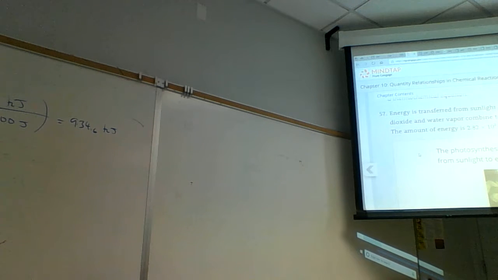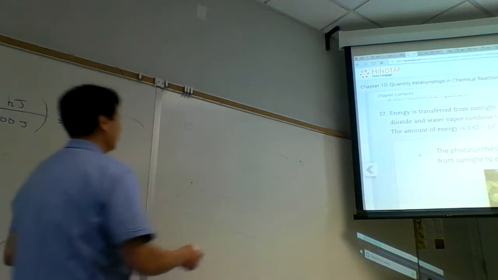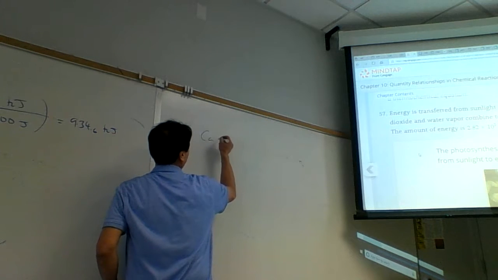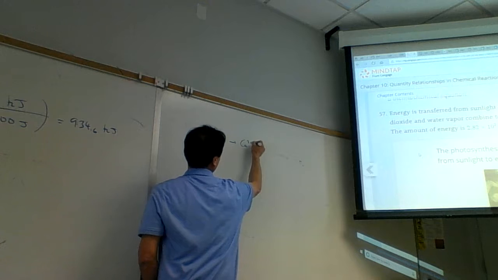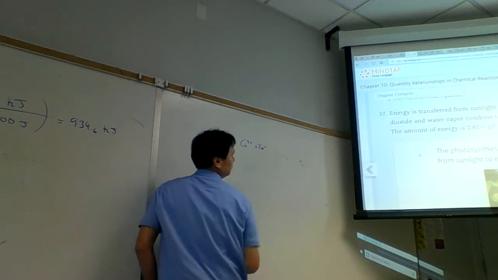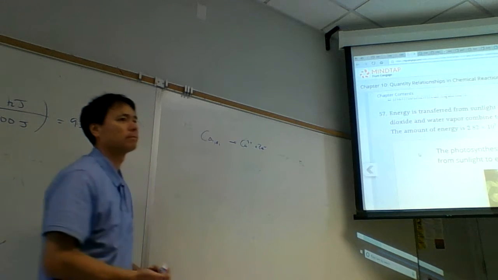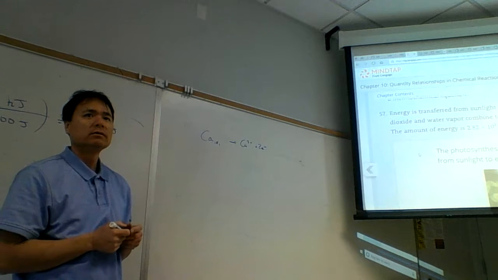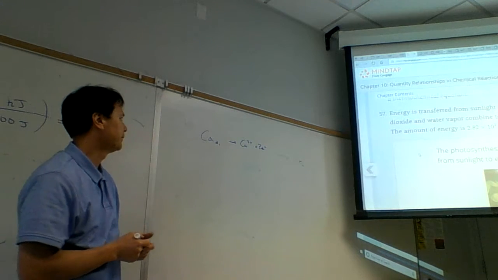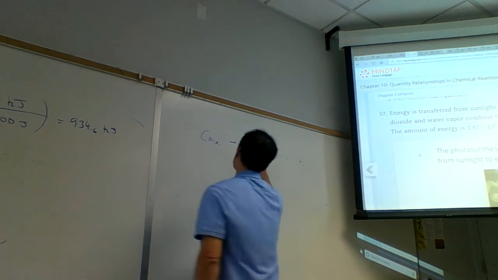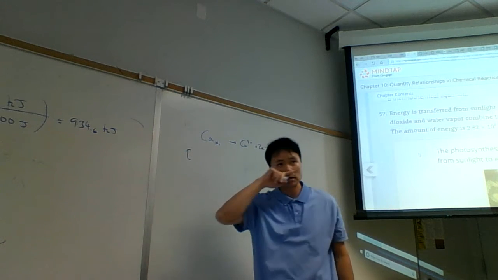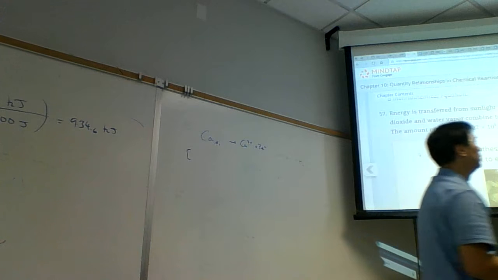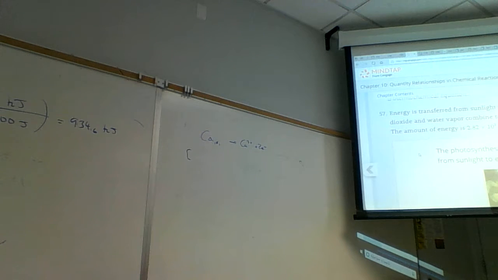So you would know that calcium ion is formed from calcium metal. Calcium metal goes to calcium ion plus 2 electrons. This is a redox style thing. If it's lost 2 electrons, then calcium metal has an electron configuration we could just get from the periodic table. The nearest noble gas to calcium is argon.